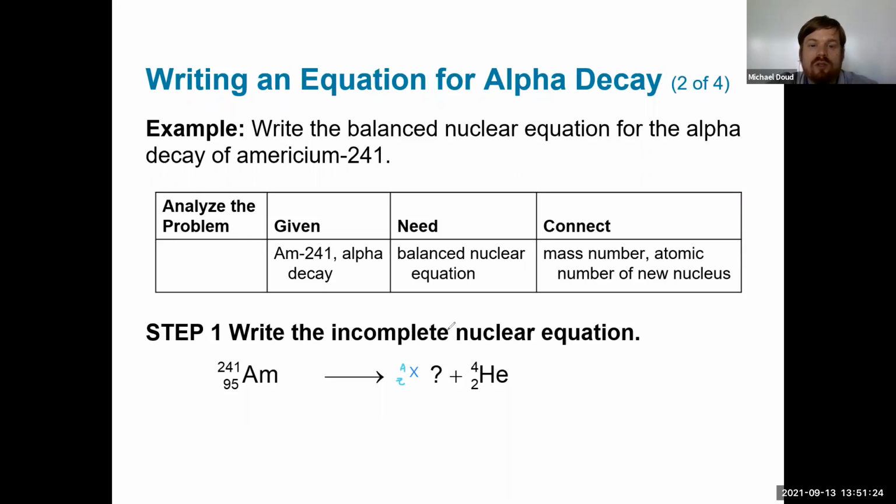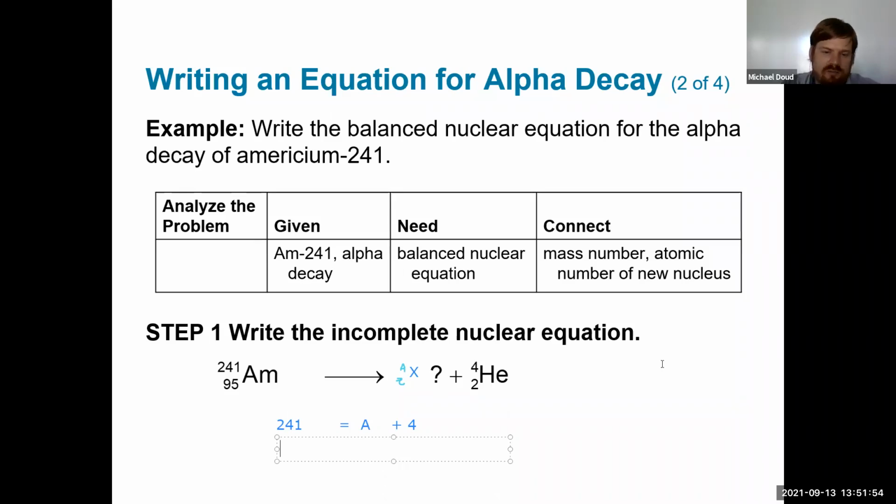Remember, the sum of the mass numbers on the product side has to equal the sum of the mass numbers on the reactant side. So 241 on the left has to equal A plus 4 on the right. Similarly, for the atomic number Z, those have to equal each other too.